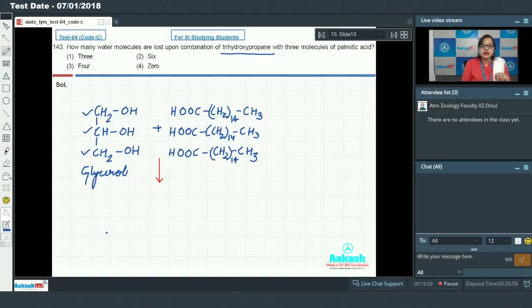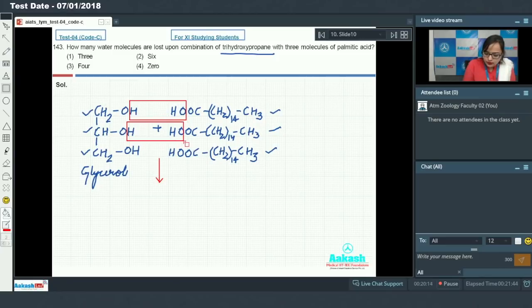And palmitic acid, you know, is a 16 carbon saturated fatty acid, so there are 3 molecules of palmitic acid. When an acid reacts with an alcohol, esters are formed, and the reaction between glycerol and 3 molecules of palmitic acid leads to the formation of triglyceride with the loss of 3 water molecules.